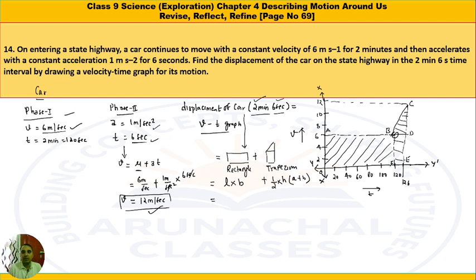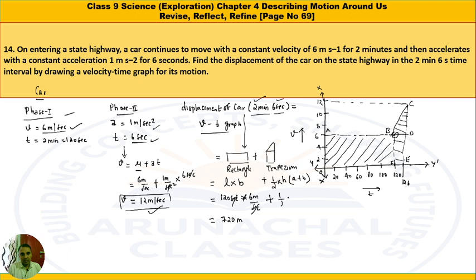This represents the length of the rectangle. Here it is 120 second, multiplied with the breadth of the rectangle, which represents this velocity. So it is 6 meter per second. Second and second get cancelled. 12 6 is 72, 720 meter.